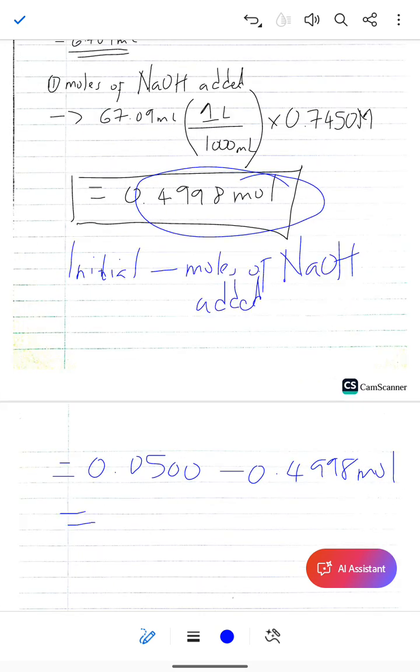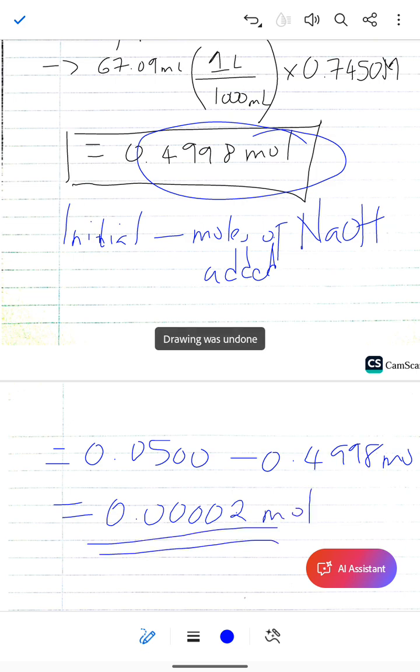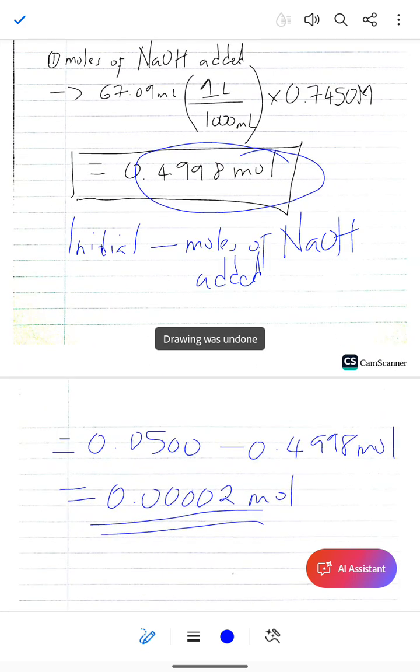So if you press your calculator very well, this will give you 0.0002 moles. There are 4 zeros.